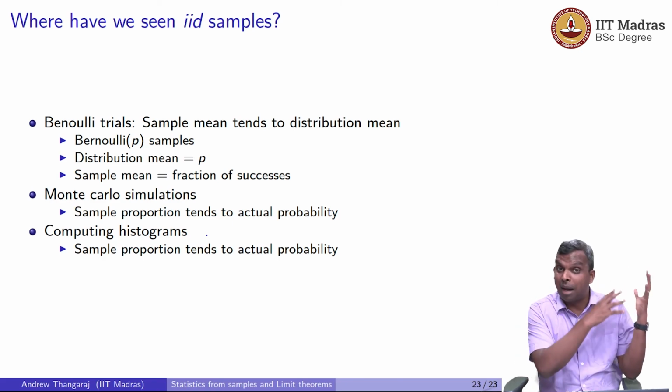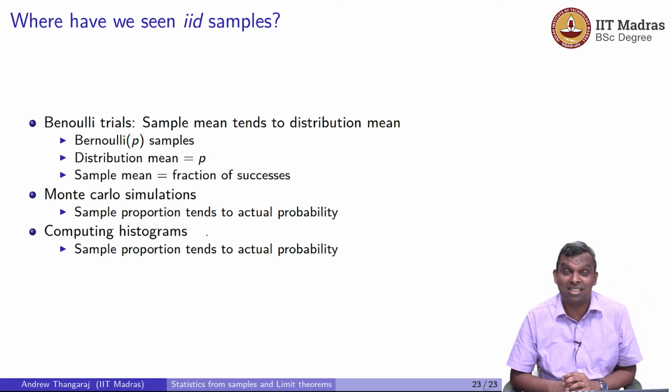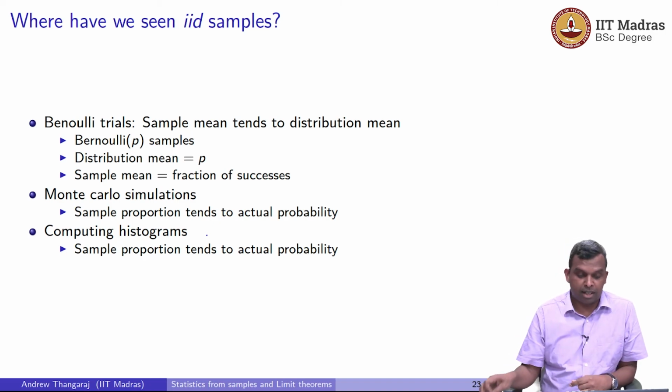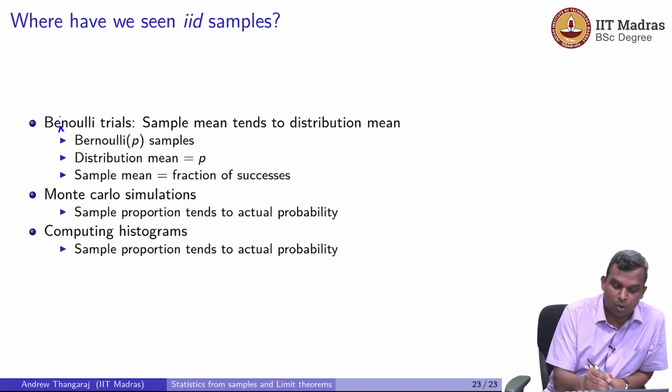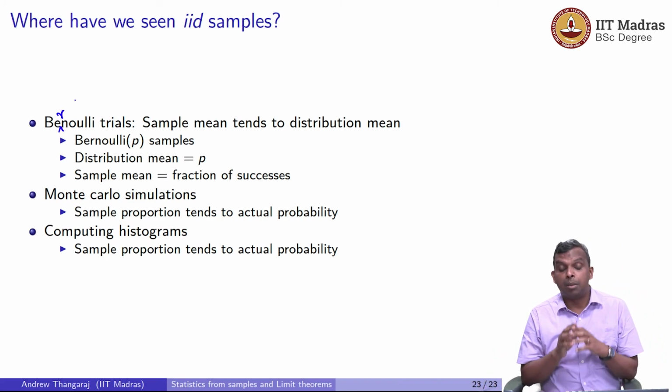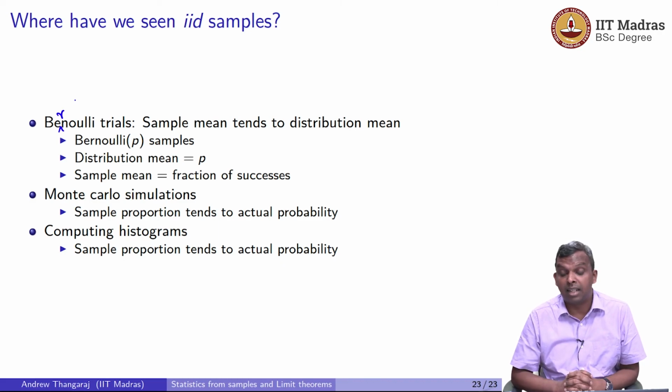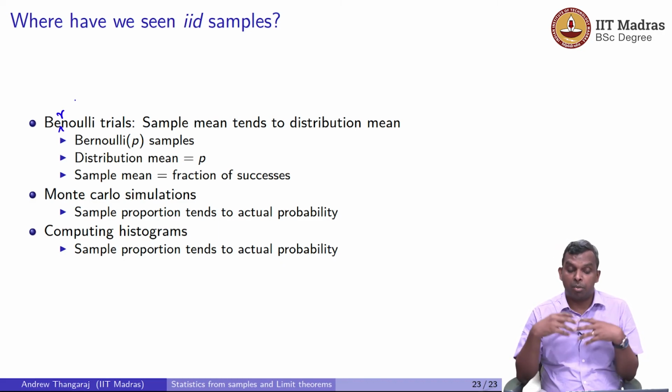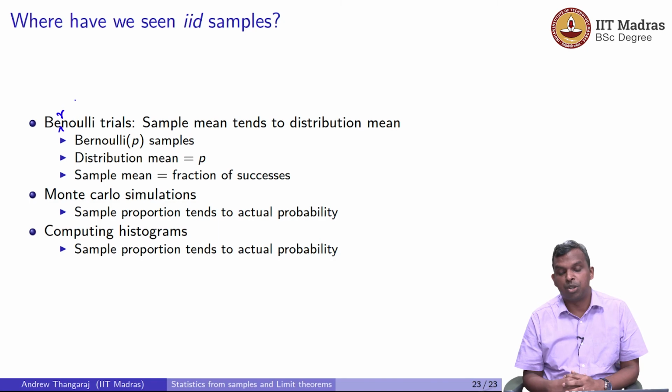So once again, let's go back to the original question that we started these 2 lectures with. Where have we seen IID samples? We saw them in Bernoulli trials. I've listed them out on the slide here as well. In Bernoulli trials, the sample mean tends to the distribution mean. So you have Bernoulli P samples, the distribution mean is P, and the sample mean is the fraction of successes.